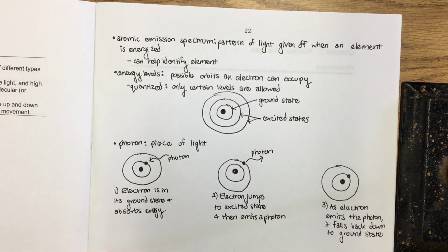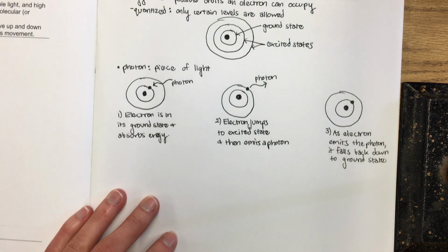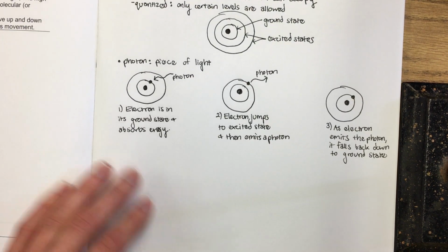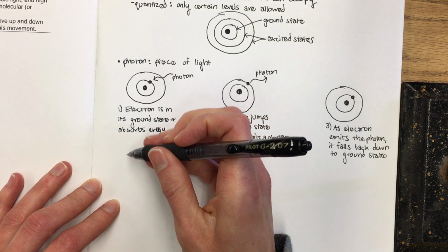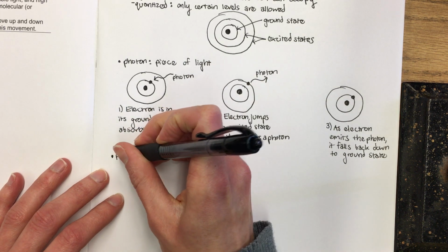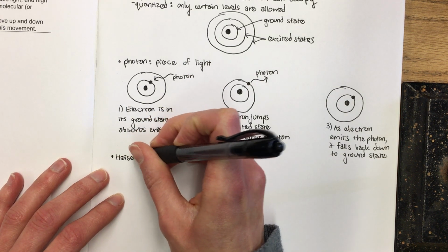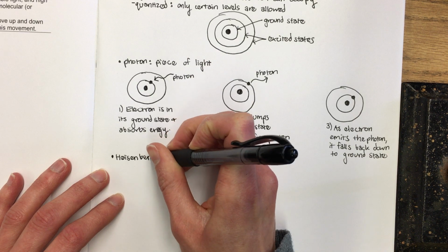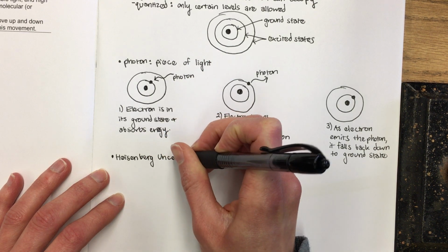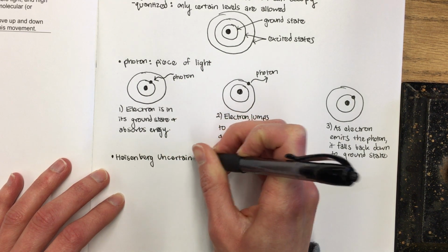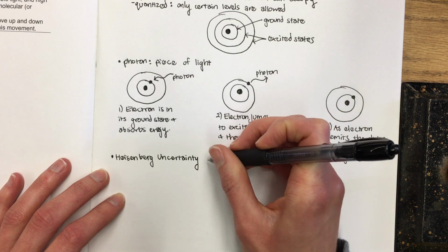We're going to start on page 22, and before we get into what the atom looks like, we're going to talk about something called the Heisenberg uncertainty principle, named after a scientist named Heisenberg.